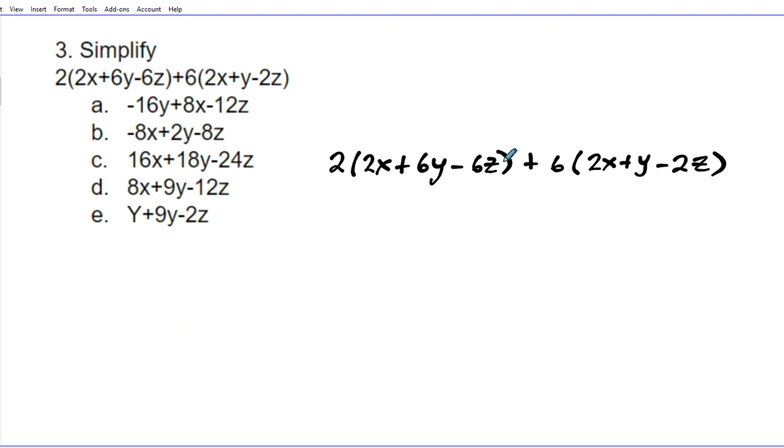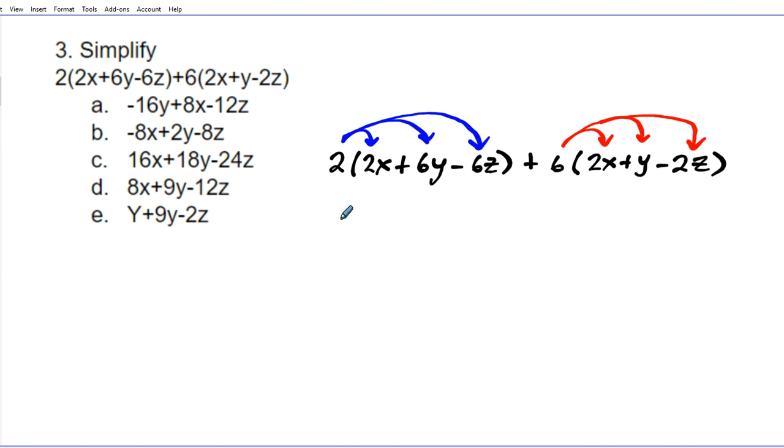Whenever you have a parenthesis and a number in front, you're going to multiply, okay? But since you have multiple terms in the parentheses, the process is called distribution because you are distributing or multiplying the 2 or the number in front across every single term in the parentheses. Okay? So the same applies to the second set of terms.